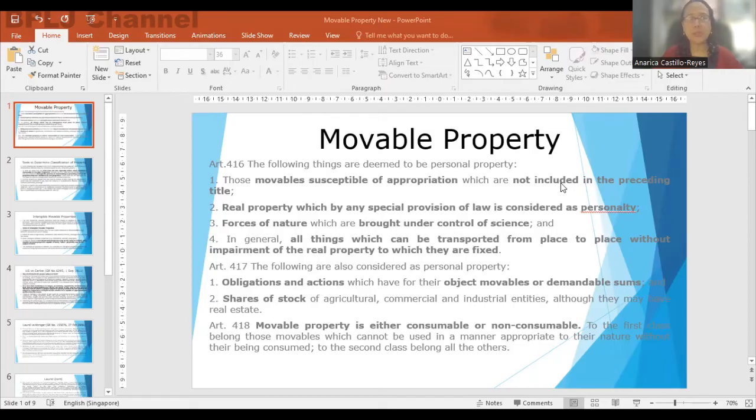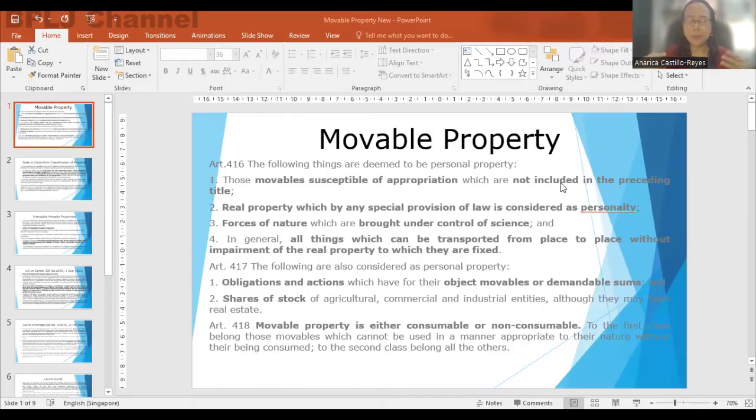So another classification or distinction of movable properties is provided under Article 418. Okay, according to Article 418, movable properties may either be consumable or non-consumable. So to the first class belong those movables which cannot be used in a manner appropriate to their nature without them being consumed.